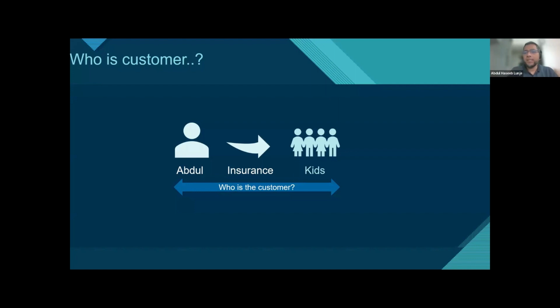I will not say it is the right answer. End user is the kids, but the sponsor of this whole purchase is Abdul. So the customer is Abdul.